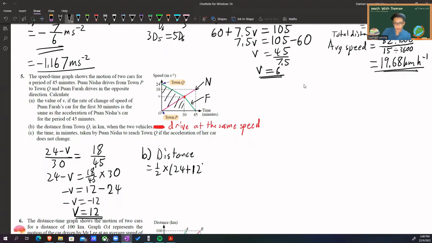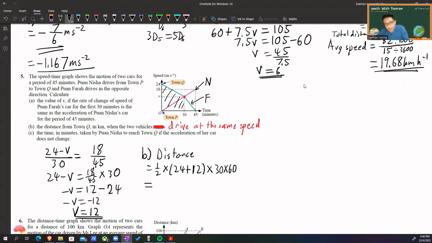But this is in meters per second, then times the time. The time here is in minutes. So in order for us to find a distance, I need to use the same unit of time. So 30 minutes I have to change to seconds, means I times another 60.